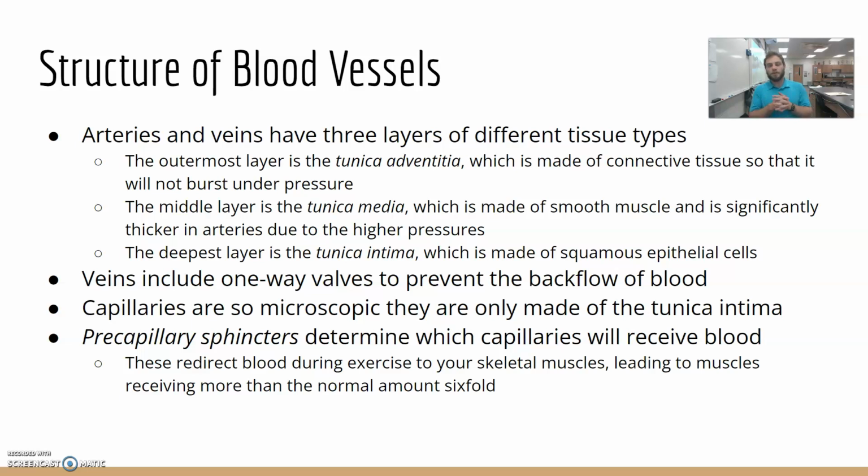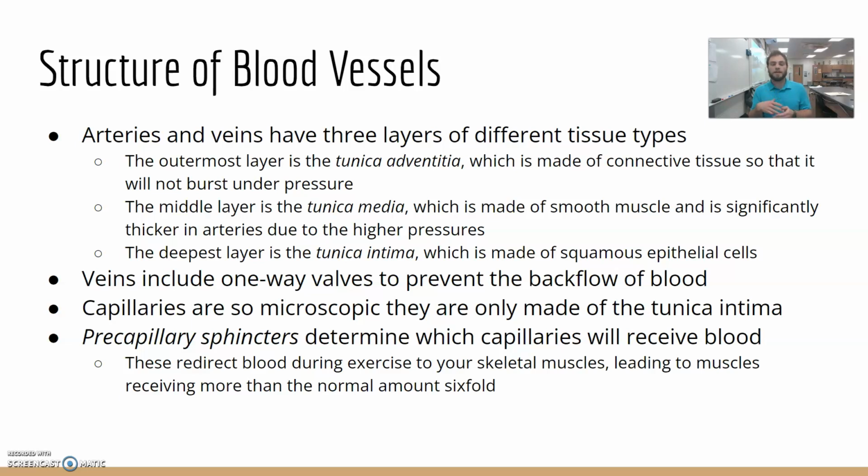So for example, if you have capillary beds over some of your digestive organs, and then you have something that triggers your fight or flight response, and you need to redirect blood and nutrients to your skeletal muscles, those pre-cap sphincters are going to close and prevent most of your blood from being able to get delivered to those digestive organs.